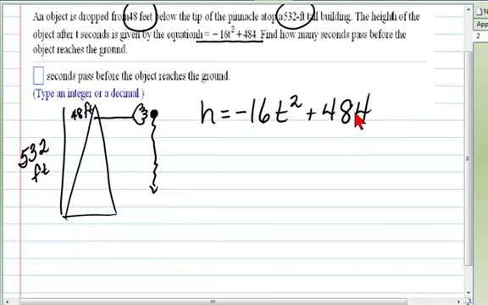So when you have a projectile dropping toward Earth, you're always going to have h equal to negative 16t squared plus perhaps some number times t, if there is an initial velocity, plus some number which is related to how tall it was when it dropped. You're never going to have to fill in those blanks. It's always going to be given to you, unless you're in a physics class.